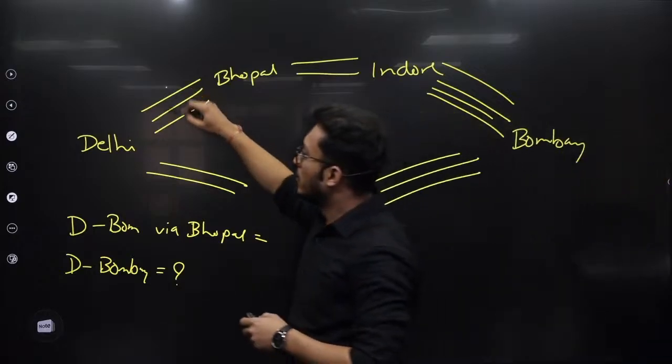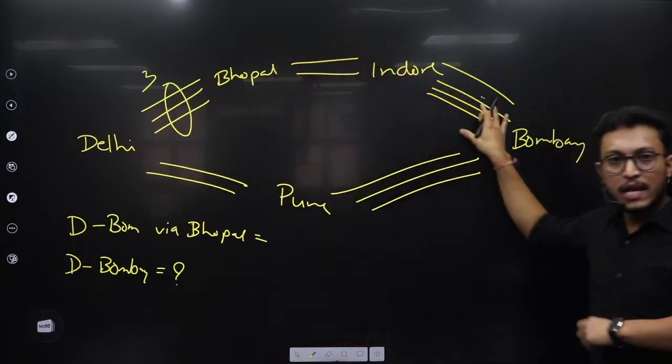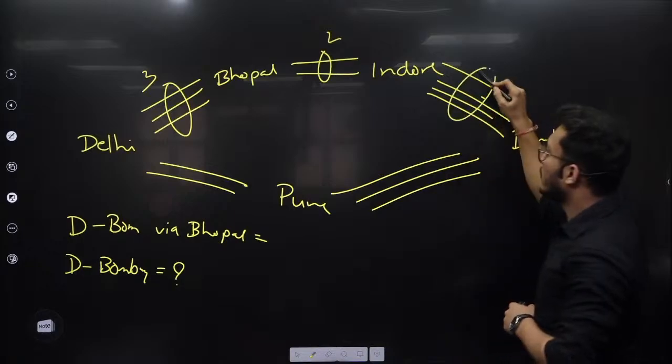So this is 3 options. I hope this is understandable. मैंने बस lines बना दी है ना. 2 options, again 4 options.